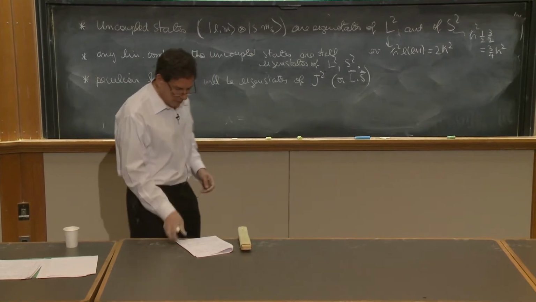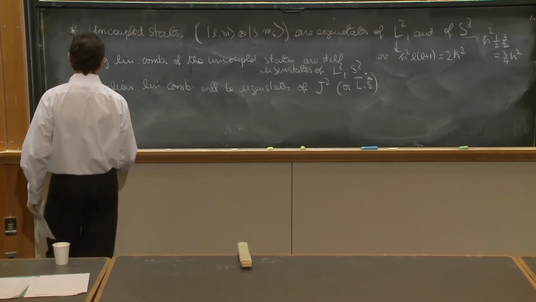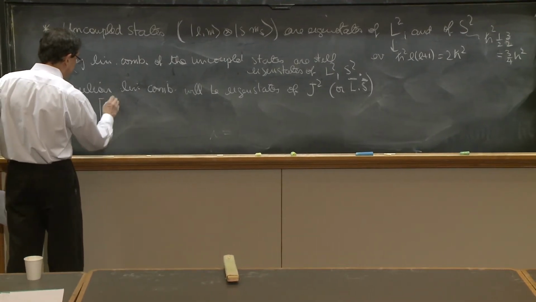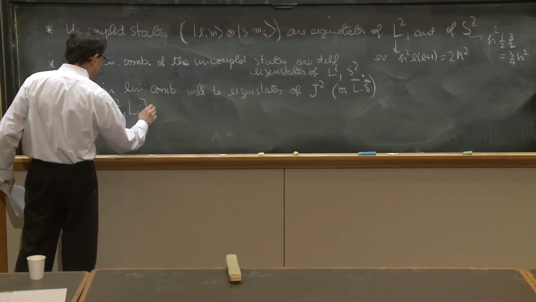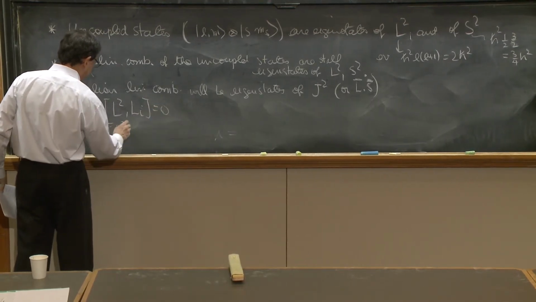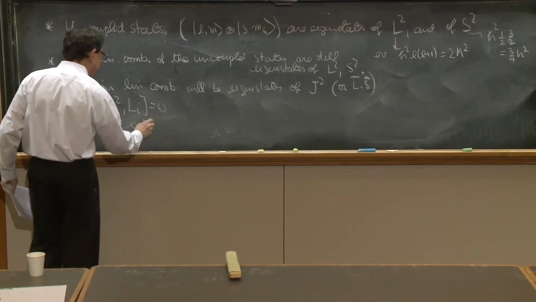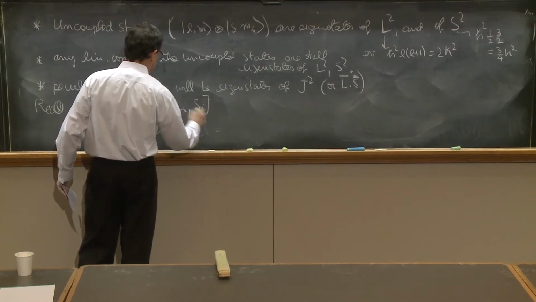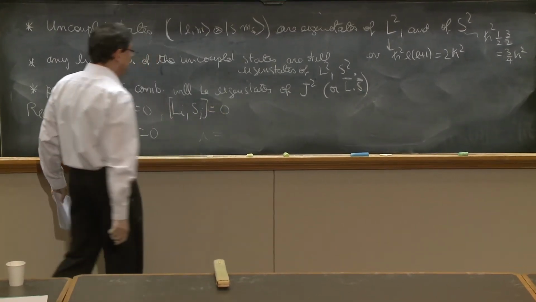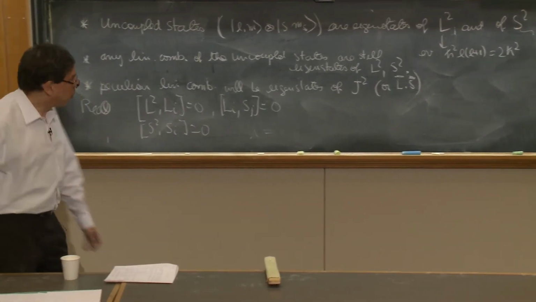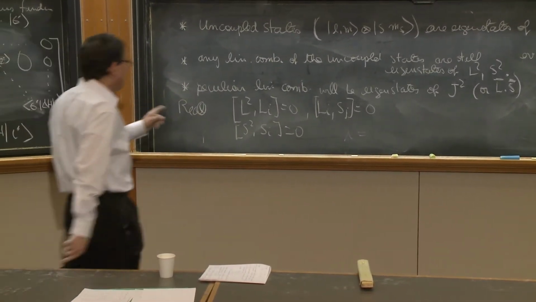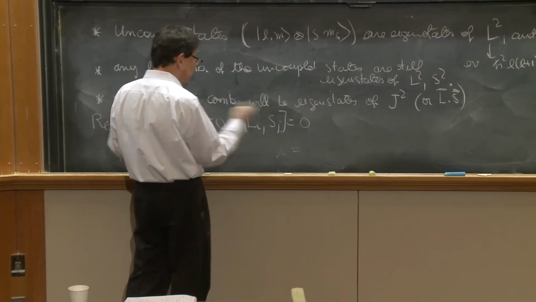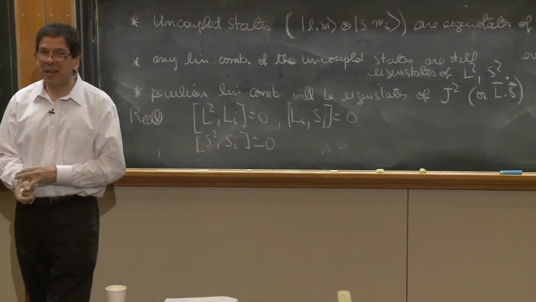So a few more remarks. Recall the nature of L squared. L squared commutes with any L_i. S squared commutes with any S_i. And any L_i with any S_j commute. They act even on different state spaces. That's why they commute. Because L_i, after all, means L_i tensor 1, and S_j means 1 tensor S_j, and then you multiply them and you get the same thing, independent of the order.